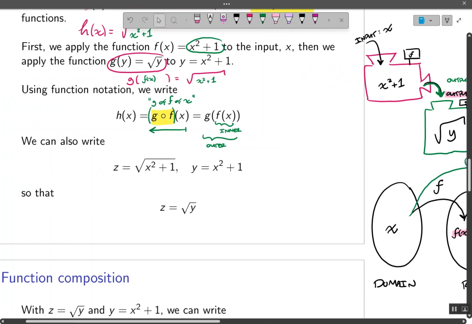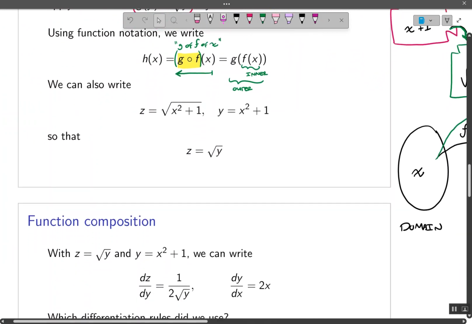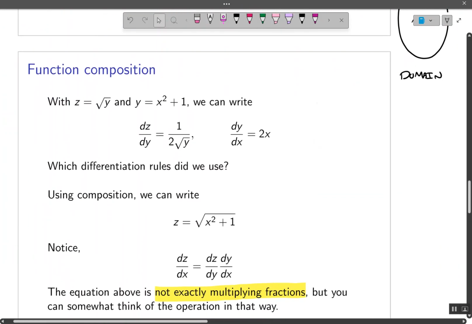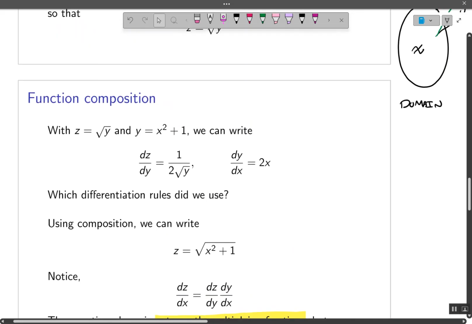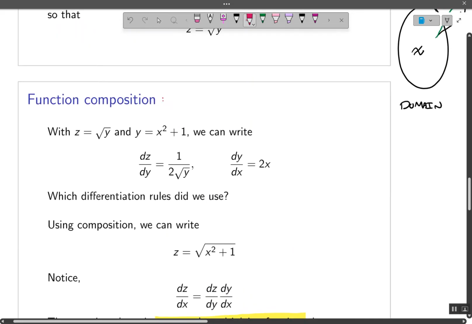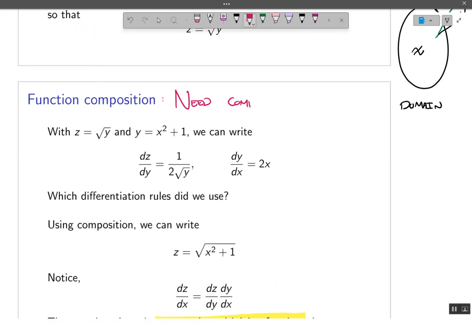A couple different ways of symbolizing it there. So, anytime we have the composition of functions, we need the composition rule, or the chain rule, just two names for the same rule, when we want to find derivatives.